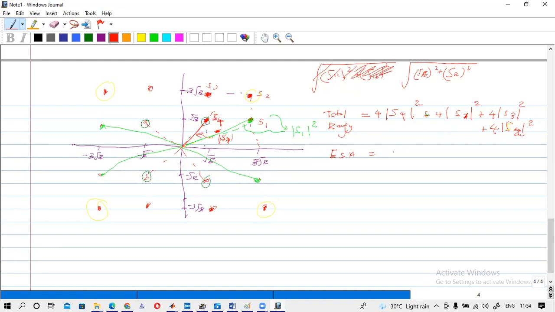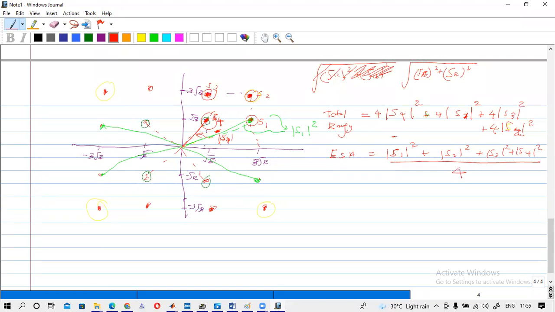So you can see that if I add the energy of one symbol, plus the energy of this symbol, that is S2 squared, plus the energy of this symbol, that is S3 squared, plus the energy of this symbol, that is S4 squared, and if I divide it by 4, I will get the average energy.